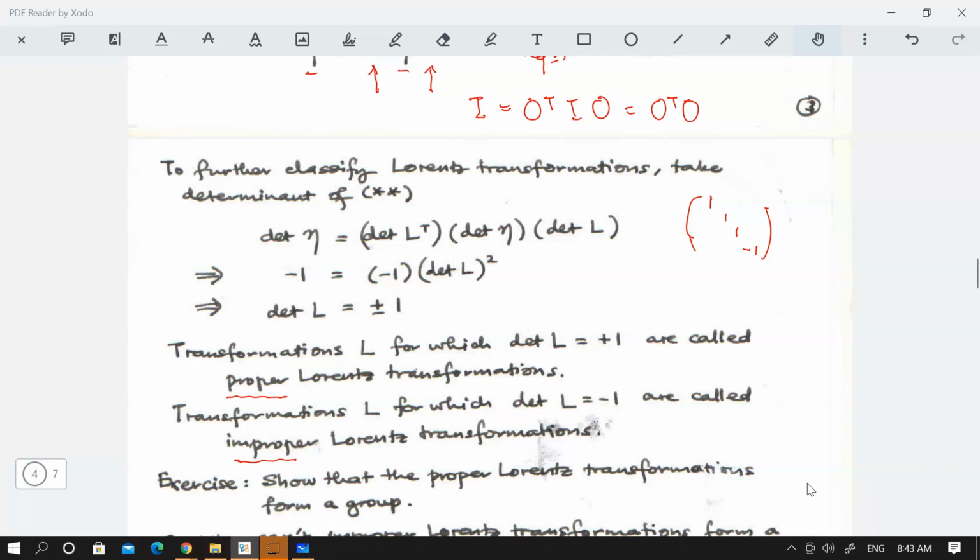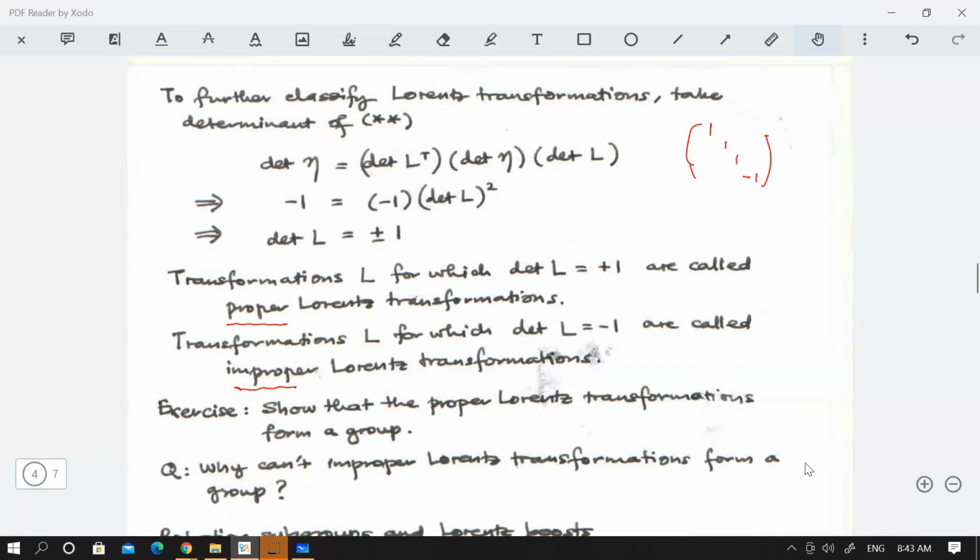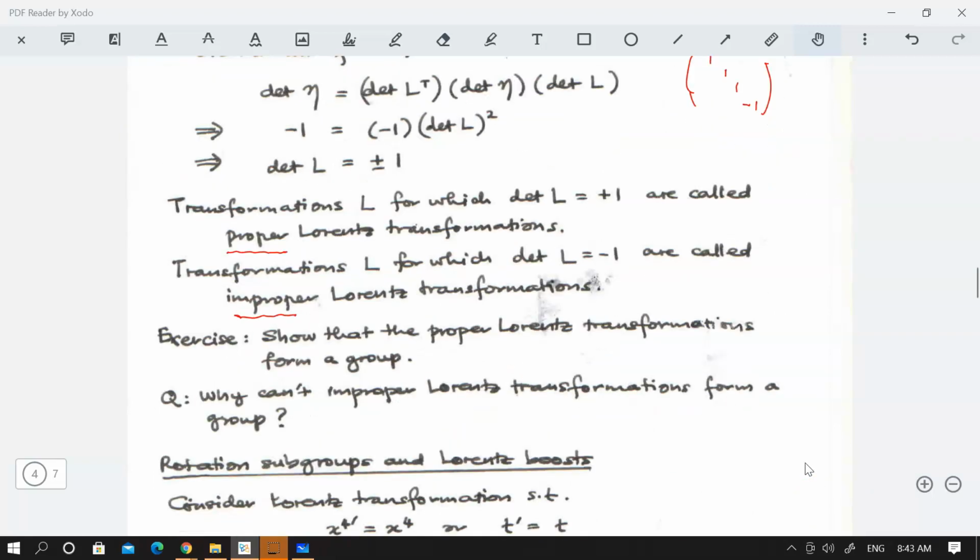So it does not form a group by itself, but it forms a group together with the rotations. So it is analogous to what we have seen in the case of the rotation group. Here's some exercise for you to do.